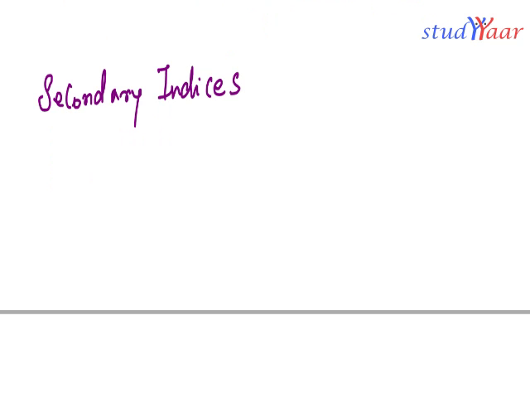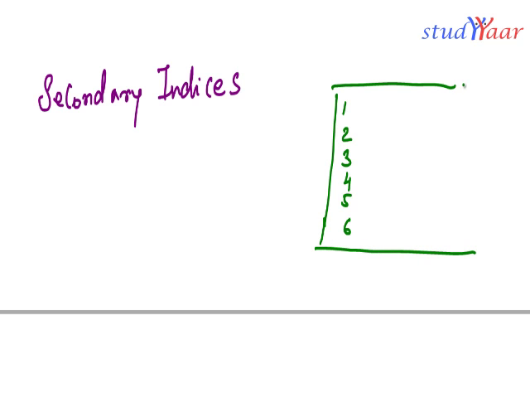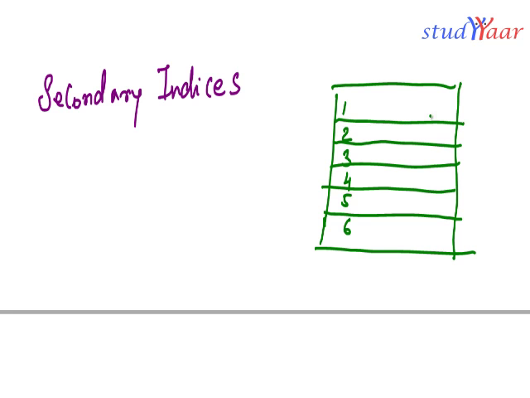I'm assuming I have a table which has employee ID 1, 2, 3, 4, 5, 6. This is my table, which is arranged with respect to the employee ID of the employees.